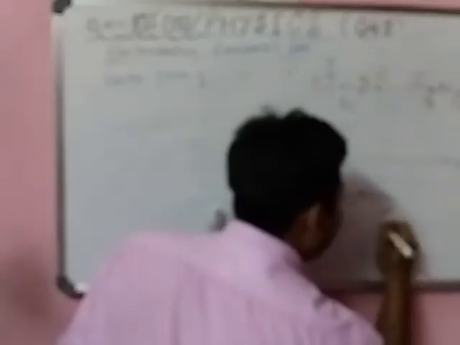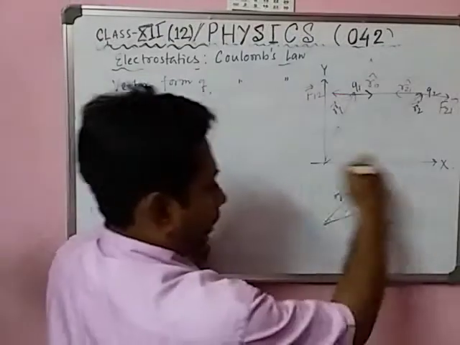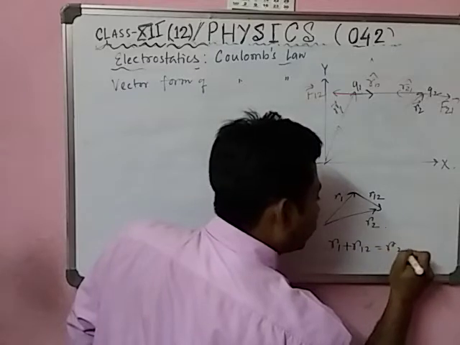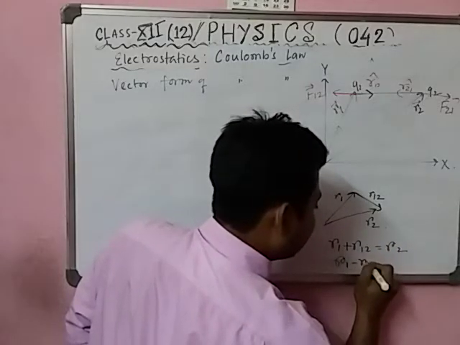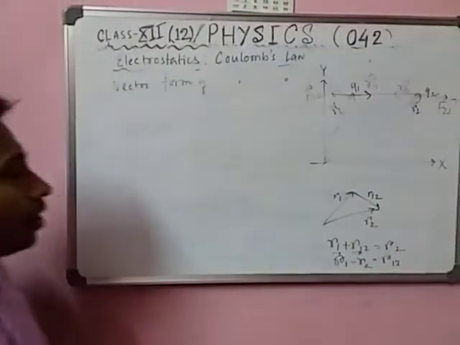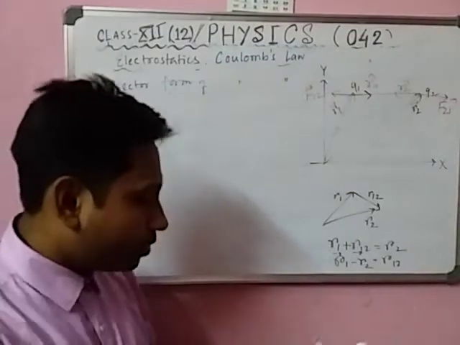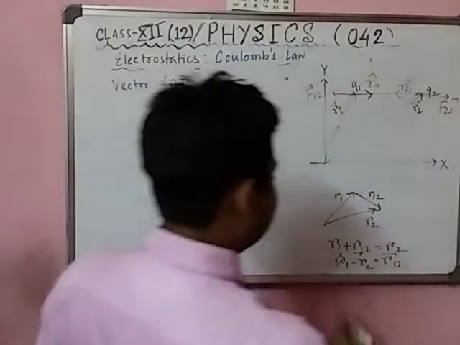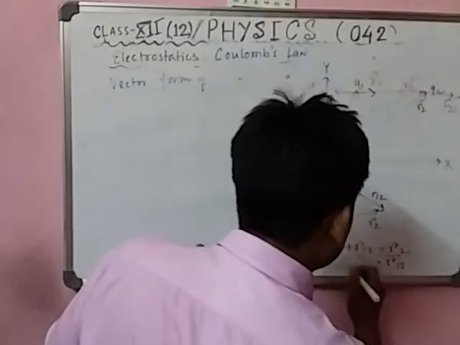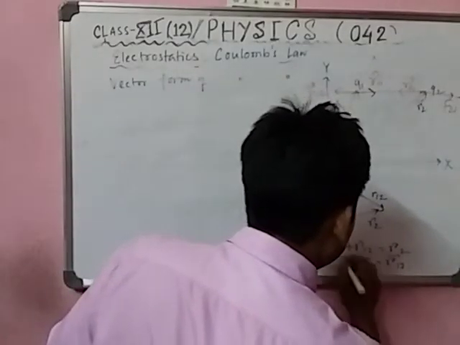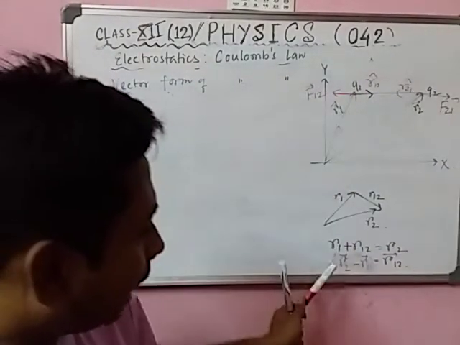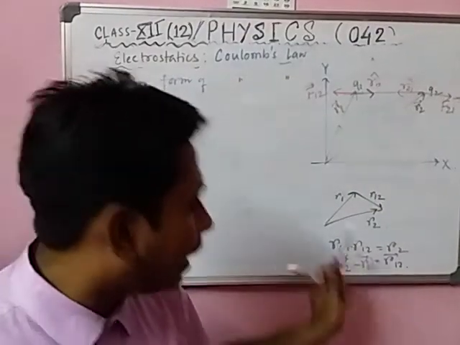So by the triangular law, R1 plus R12 is equal to R2. So R12 is equal to R2 minus R1.